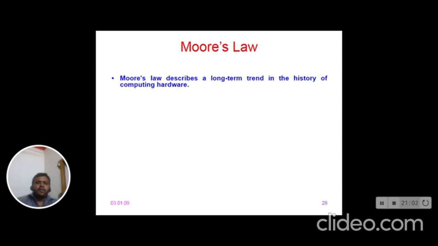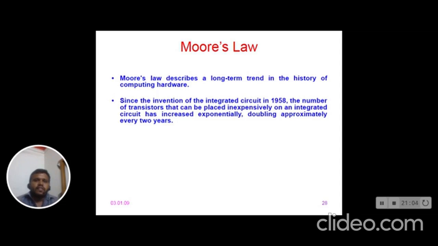Moore's law is used to describe a long-term trend in the history of computing hardware. This is the base for selecting a particular processor for embedded system hardware and computer hardware. Since the invention of the integrated circuits in 1958, the number of transistors can be replaced extensively by integrated circuits.